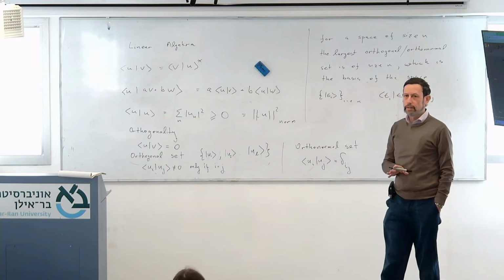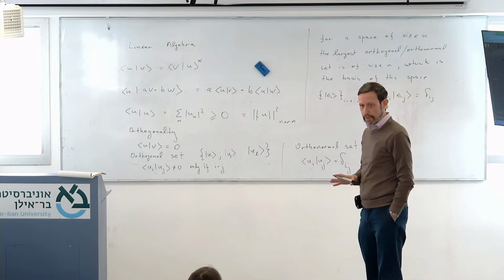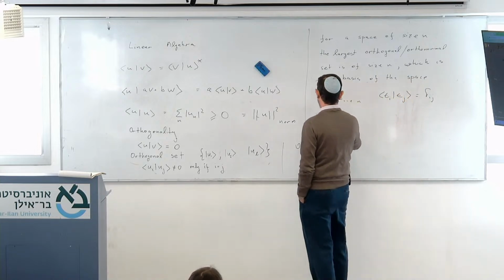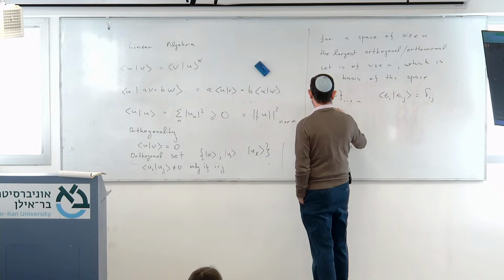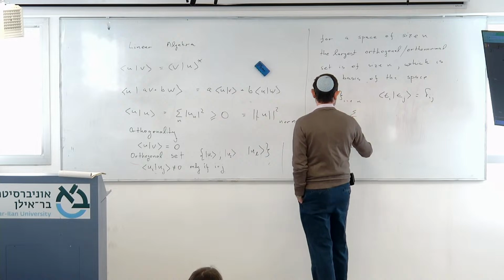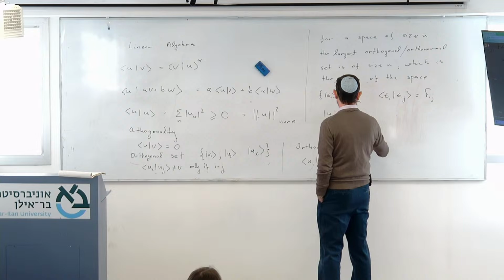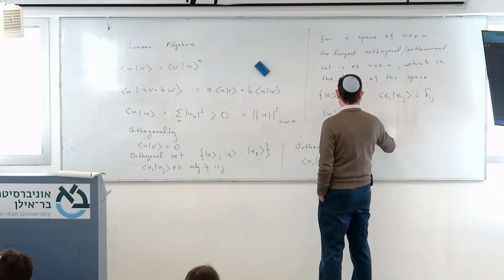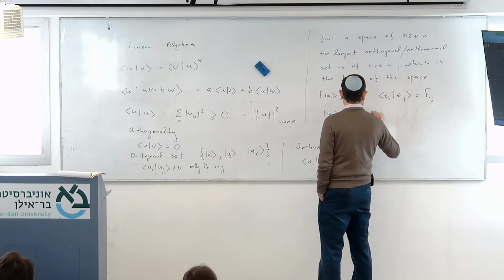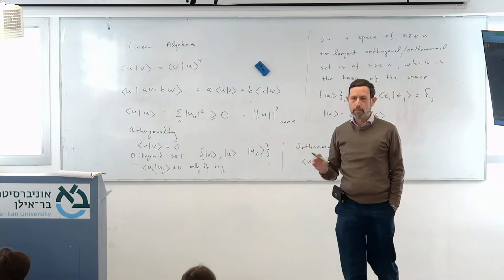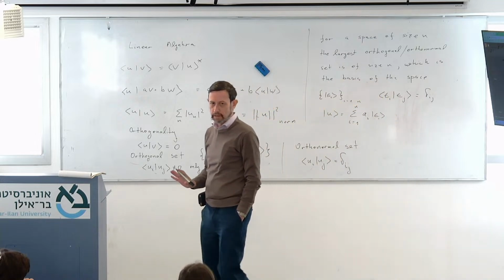Any vector in the space could be written as the sum of these basis vectors.